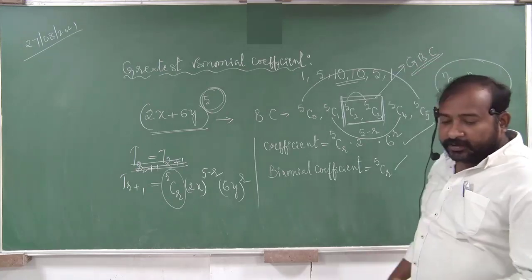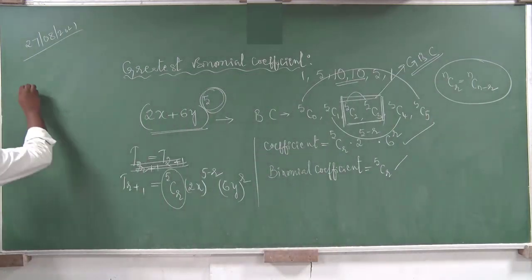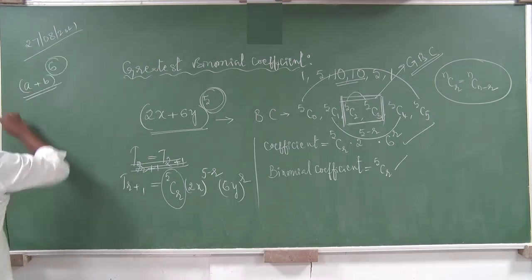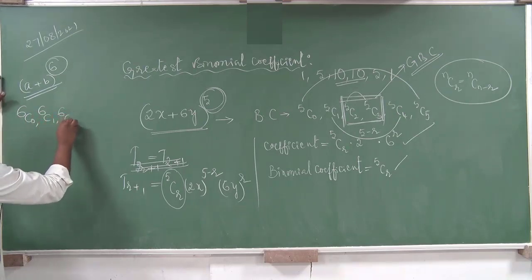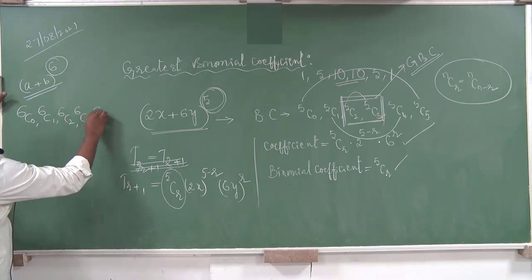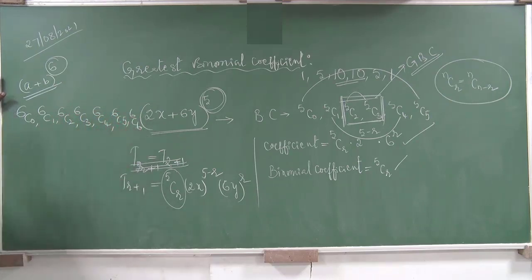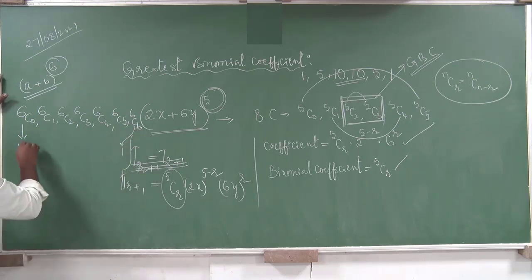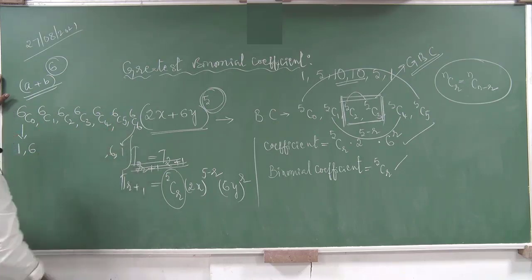For example, if you take (a plus b) whole power 6, what are the binomial coefficients? 6C0, 6C1, 6C2, 6C3, 6C4, 6C5, 6C6. 6C0 value is 1, and 6C6 also 1. 6C1 value is 6, and 6C5 also 6.